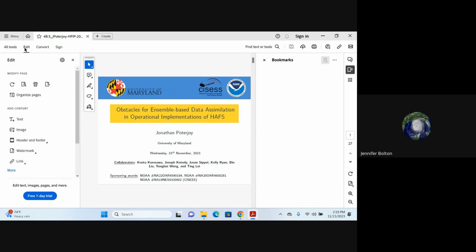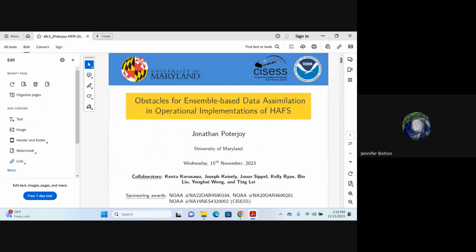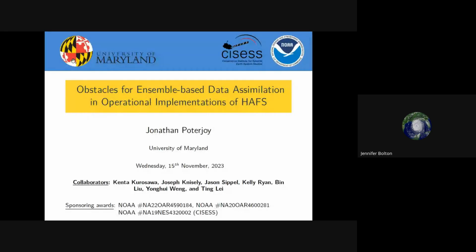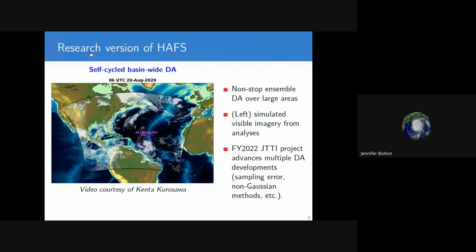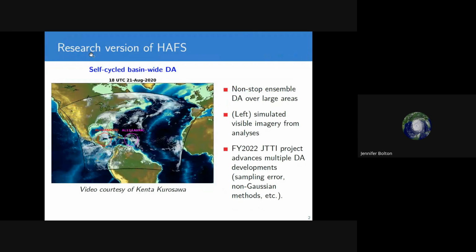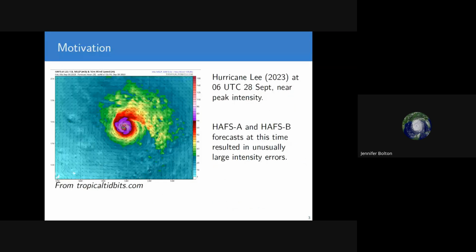Yeah, that's my problem too. Yeah. So am I. Here we go, and it should work. Yeah, okay, excellent. Thank you for bearing with me. If you go to the next slide, please.